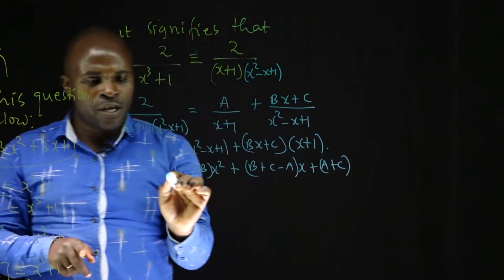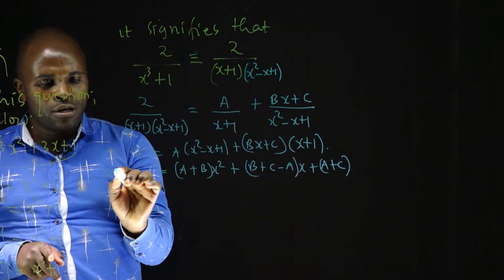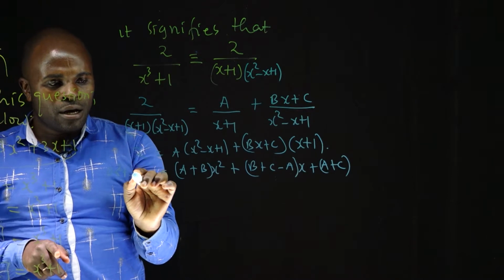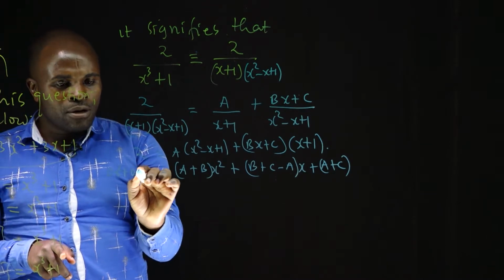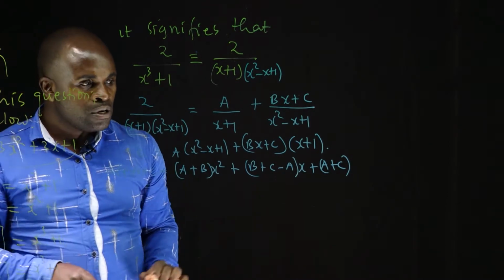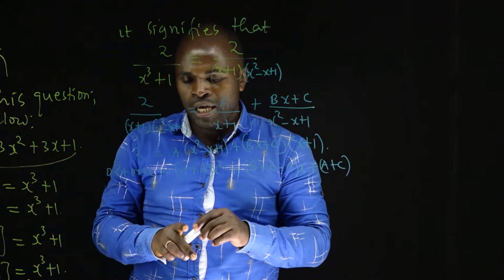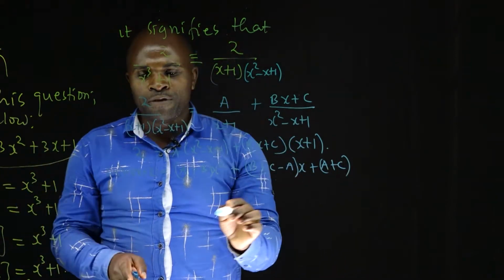And the other side here takes 0x squared, again 0x plus 2. What do we do now? We will be comparing coefficients.